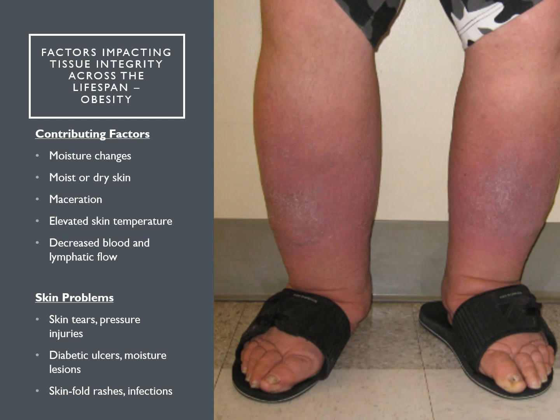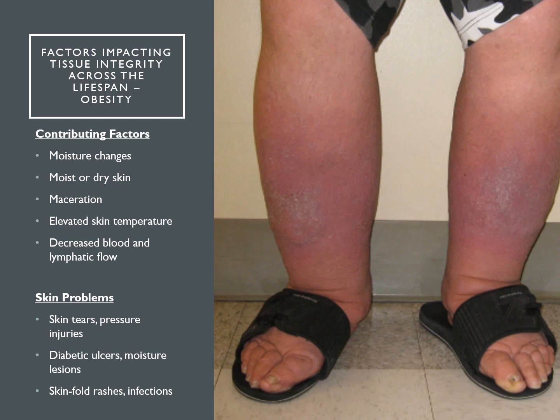But when you have a client that is obese, they can have moisture changes. So they can either have extremely dry skin because they don't have adequate blood flow to their extremities, to their skin, or they can have increased moisture like in their body folds. So they kind of have moisture changes in both ways.